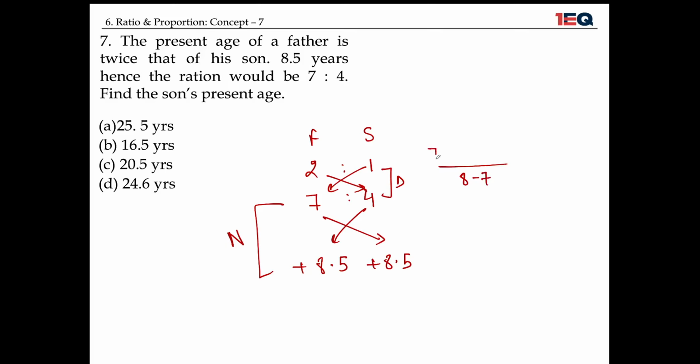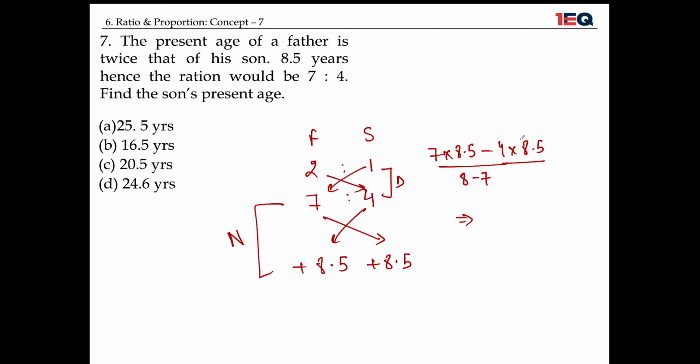Then 7 multiplied by 8.5 minus 4 multiplied by 8.5. Now 7 and 4 are being judged, so try to understand what's going on. The multiplication of 7 with 8.5 might be a little tricky.